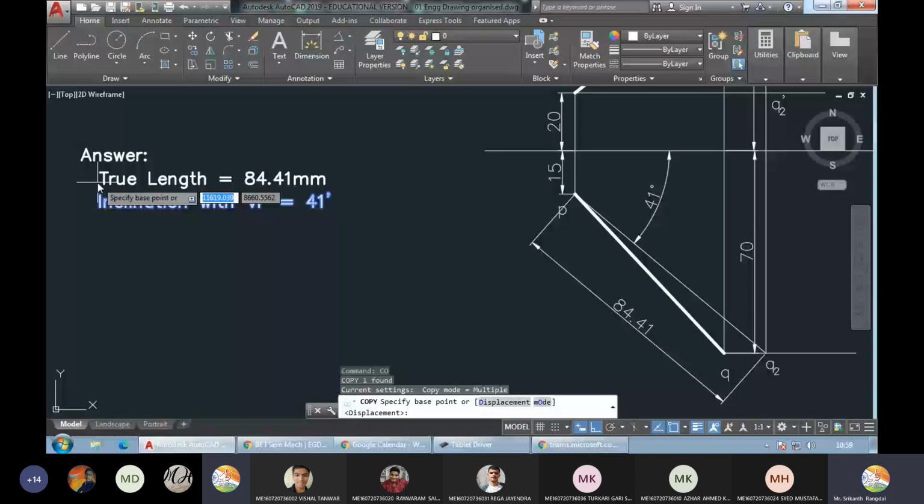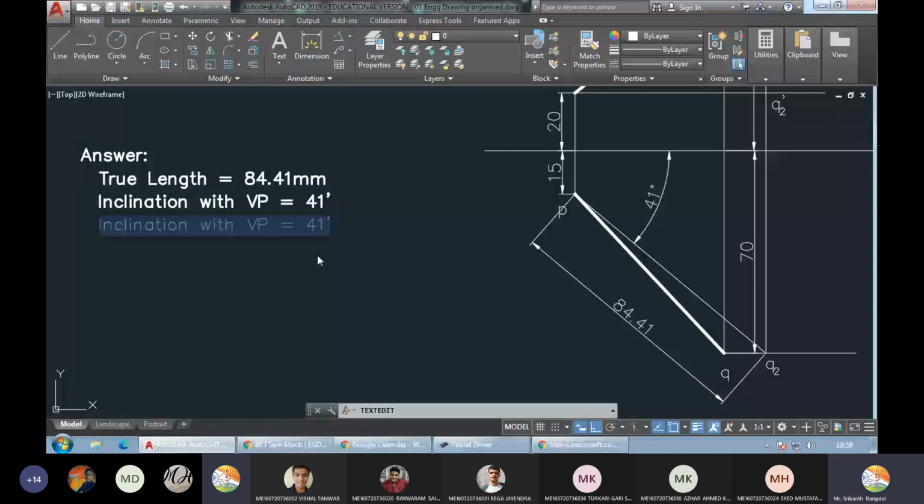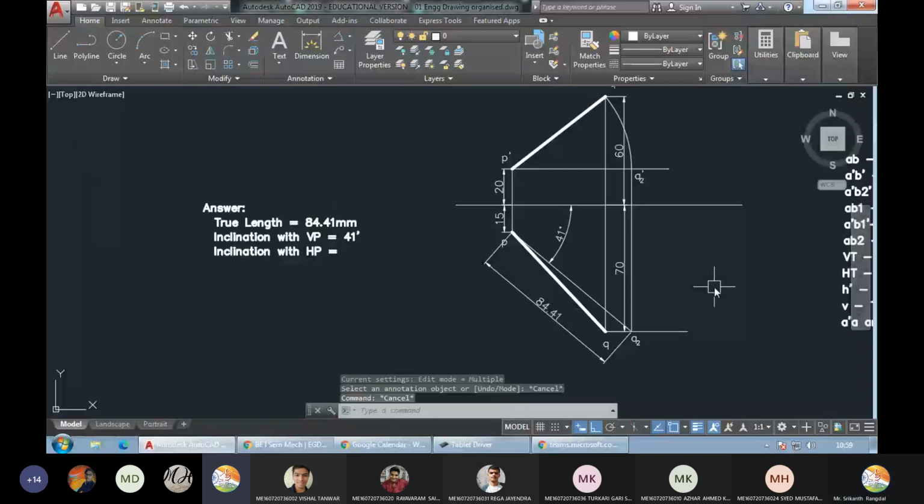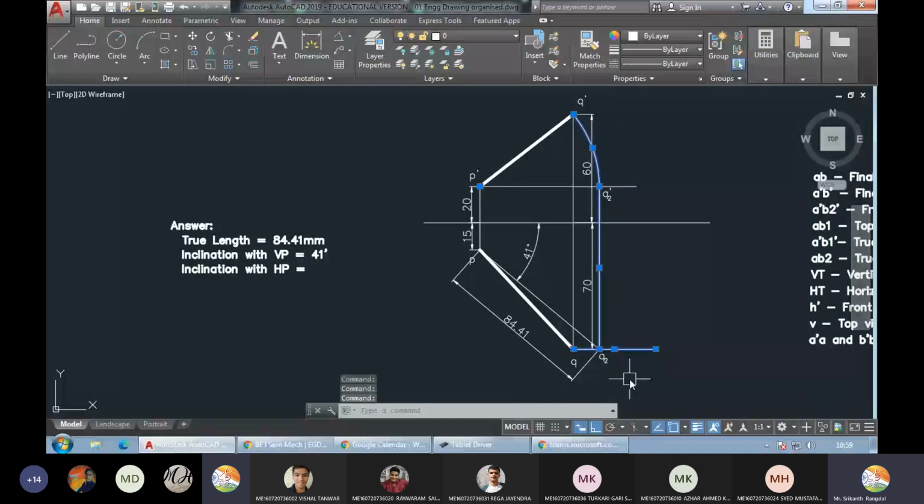So next we have to find inclination with HP. How to find that? The same procedure we have to do in reverse. We first drew this arc, then we drew these lines, right? Now we have to start with top view and reach the front view. So from here, I need a horizontal line.